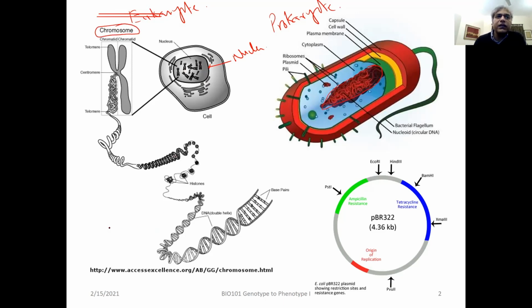DNA, in case of a eukaryote, is packaged together with specialized proteins called histones. There are 4 kinds of histones: H2A, H2B, H3, and H4. 2 molecules of each of these proteins make a histone octamer. We draw it like this: 2 molecules of each, H2A, H2B, H3, H4.